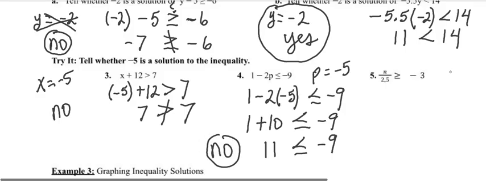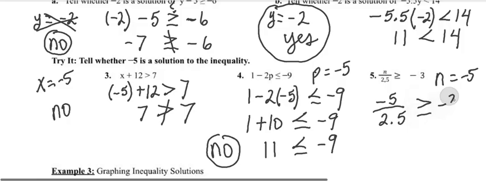All right, let me do this last one real quick. On this one, we're doing n. Could n equal -5? So we would replace it in there: -5 divided by 2.5 greater than or equal to -3.